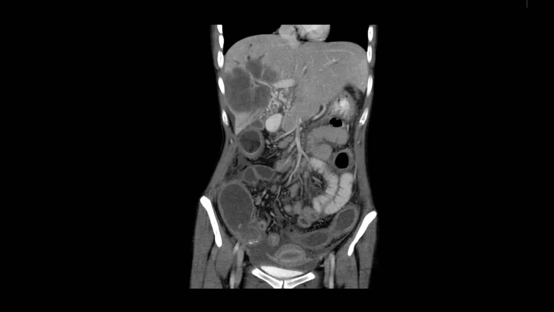So what's your next step in this patient? Sir, we will do a colonoscopic guided biopsy for the colon lesion, to rule out whether this is a neoplastic process or infectious thickening.